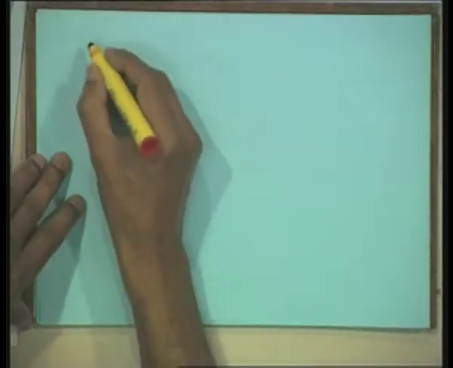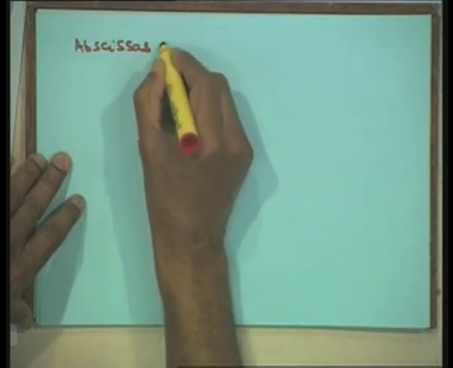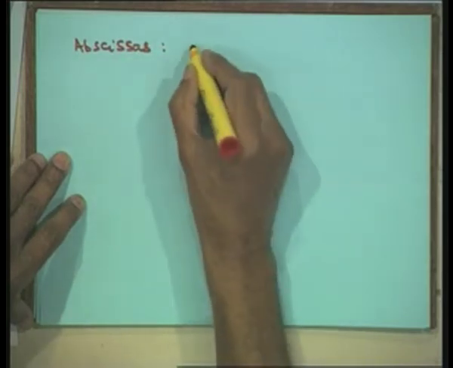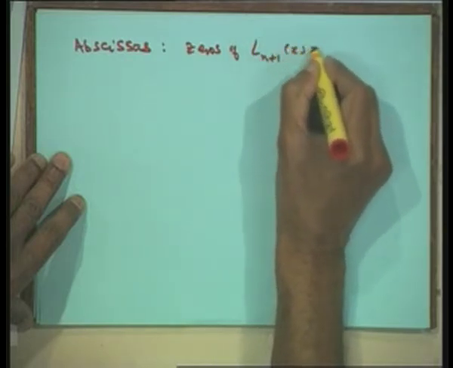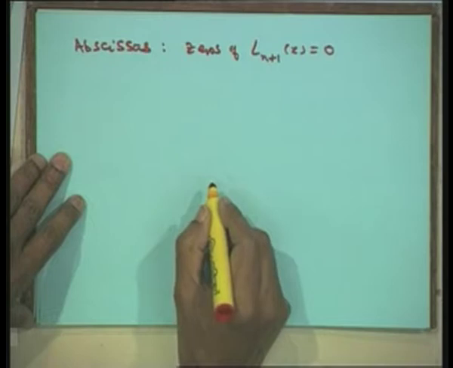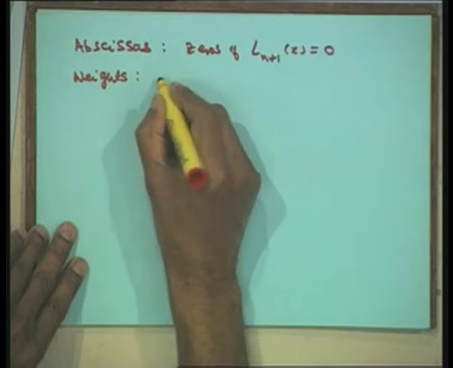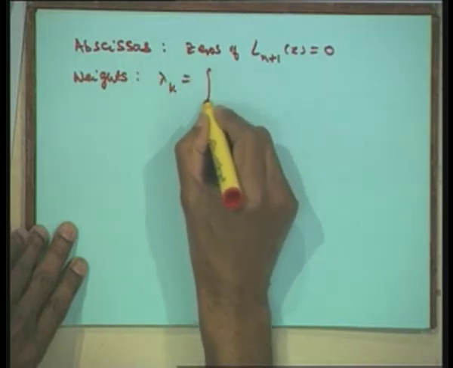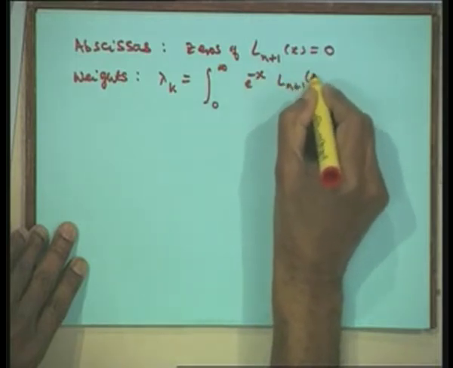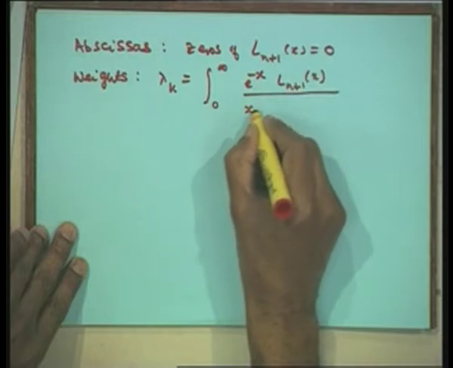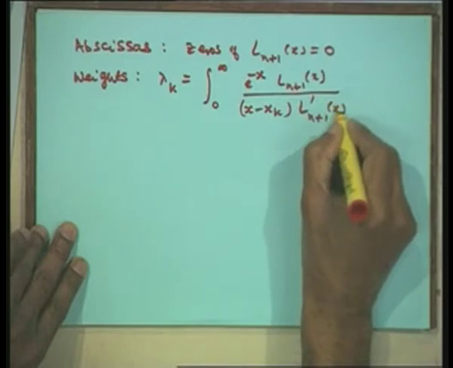Therefore, the abscissas in the integration rule are given by the zeros of L n plus 1 of x, that is L n plus 1 of x equal to 0, and the weights are given by lambda k equal to the integral from 0 to infinity of the weight function e to the power of minus x, L n plus 1 of x, divided by x minus x k times L n plus 1 prime of x k, dx.